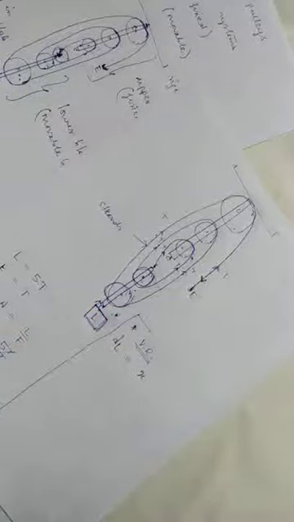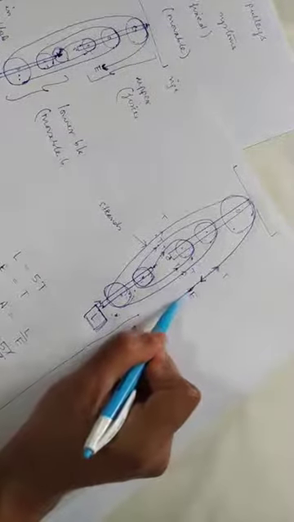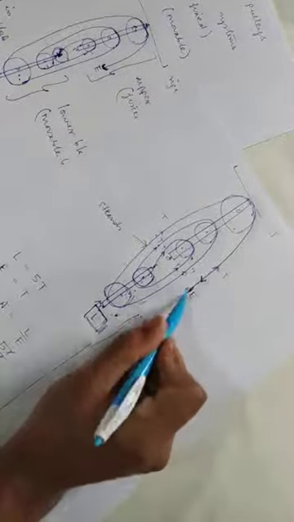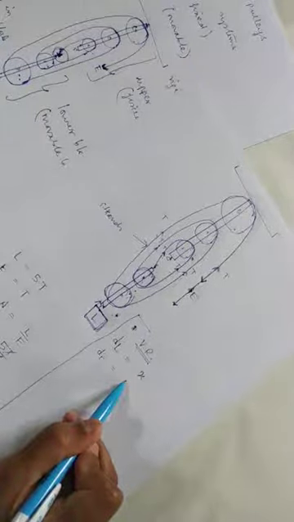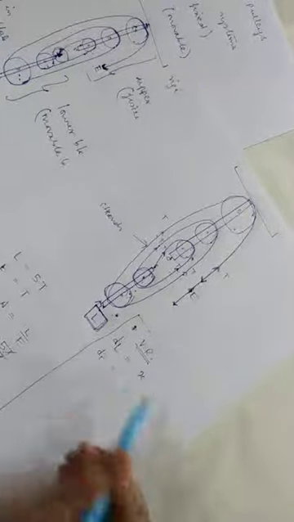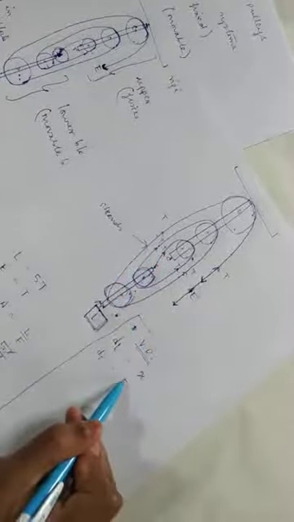Then if you see, each segment of the string which is supporting the load, the effort moves by n number of times. Suppose the load is moving by x distance, so the distance of the effort will move by, in this case, 1, 2, 3, 4, 5, so it moves by 5x.